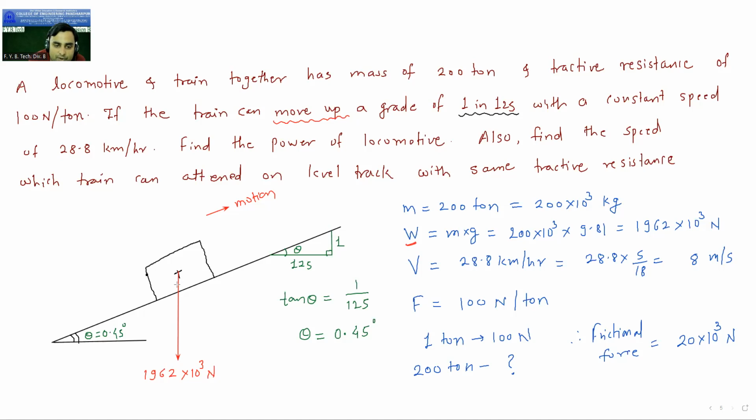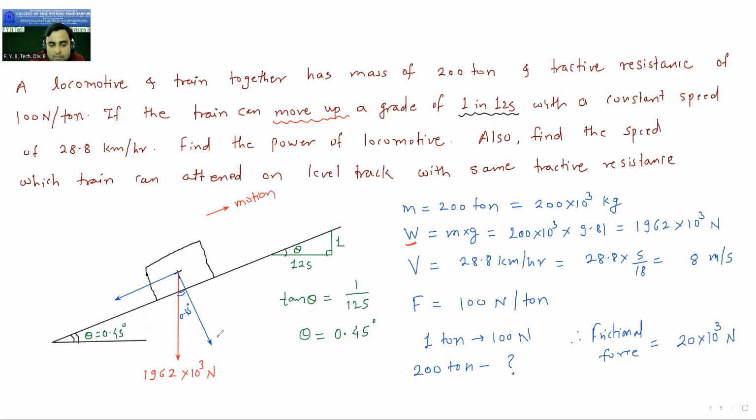So here if I resolve this weight, this is acting vertically downward. So one component will be in this direction, perpendicular to this surface, and the other will be in this direction, parallel to this surface. So if this angle is 0.45, this angle also is 0.45.